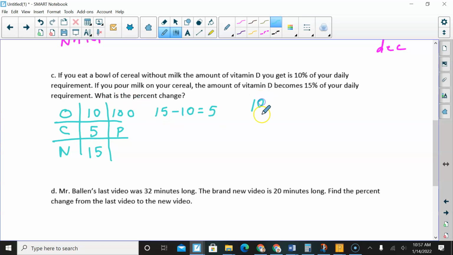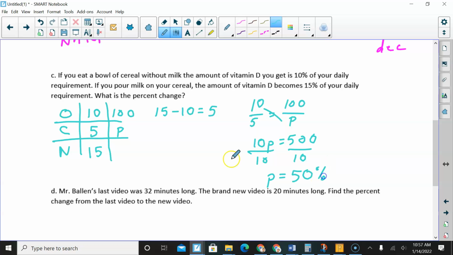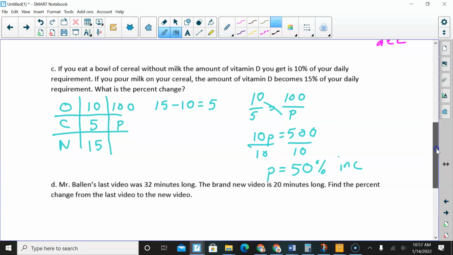So we have 10 over 5 equals 100 over P. So we cross multiply. 10 times P is 10P. 5 times 100 is 500. Divide both sides by 10. And P is 50%. And because we went from 10 to 15, that's an increase. So it's a 50% increase in the amount of vitamin D.